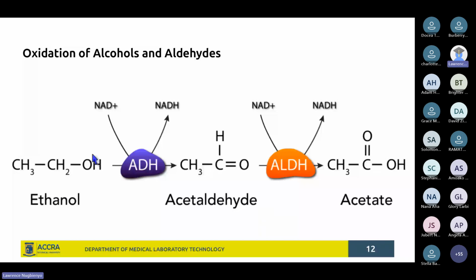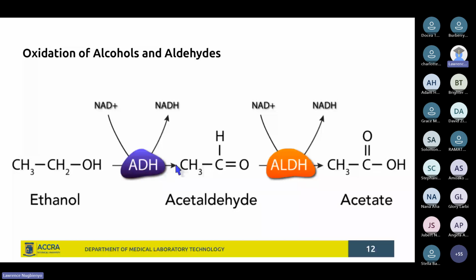When that hydroxy group is oxidized, the carbon which was having CH2OH now has the hydroxy group becoming a double bond O. So you now have an aldehyde. That's acetaldehyde. And you have an enzyme, alcohol dehydrogenase, ADH, catalyzing that reaction. It's an oxidation reaction.